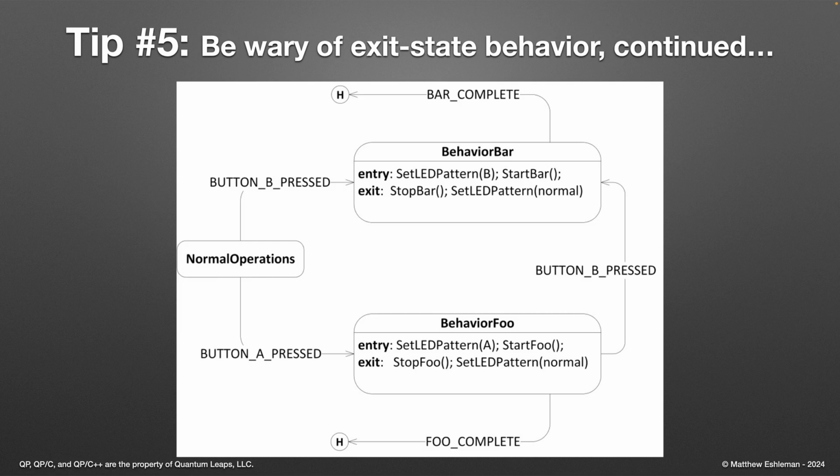Maybe it's an asynchronous event and this doesn't actually hurt anything. But then, very briefly, that pattern went back to normal. And now we've transitioned to behavior bar, and now we've set LED pattern to B. So this transition from foo to bar actually created a small glitch, perhaps, in that LED pattern behavior.